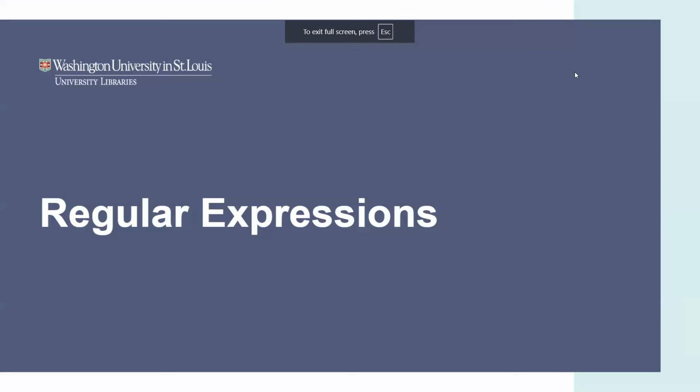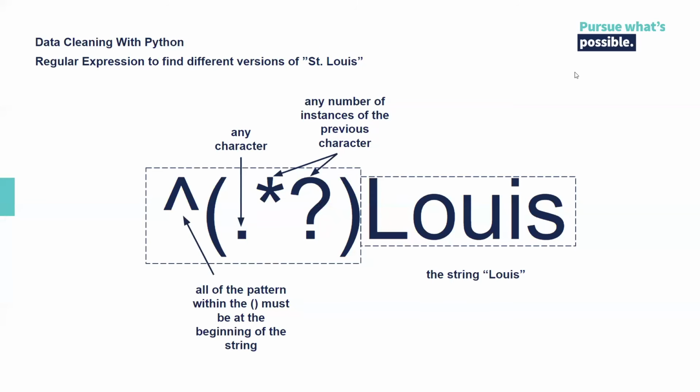So essentially, regular expressions are kind of like wildcards on steroids. So we can try to find lots of different instances of St. Louis. We know that all of our instances of St. Louis are at least going to include the string Louis. So that's one way that we can look for them. But we want to find basically anything that happens before the word Louis.